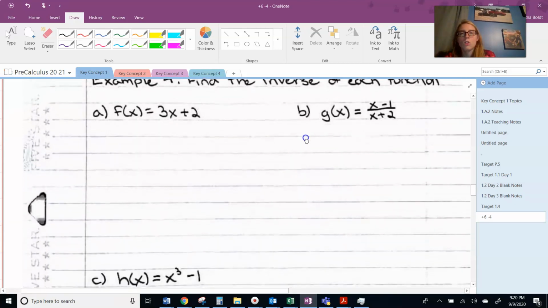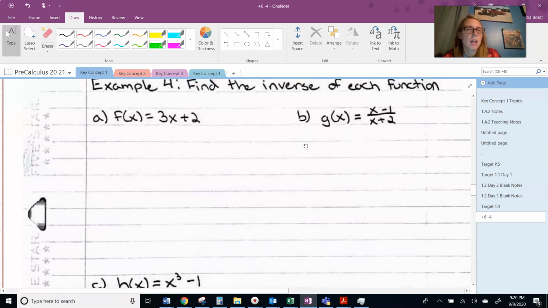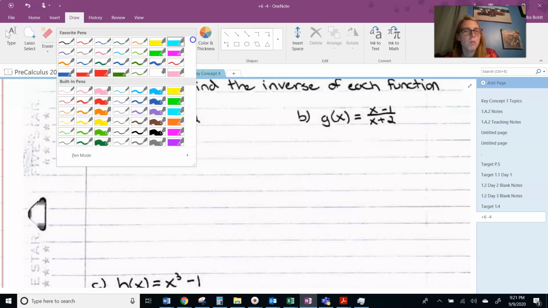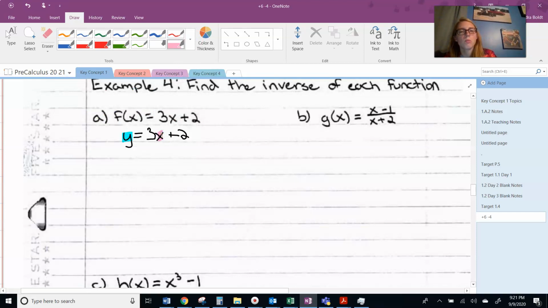Okay. So here we have f of x equals 3x plus 2. Again, I'm going to write it as y equals, and then anywhere there's an x, I'm going to write it as a y, and anywhere there's a y, I'm going to write it as an x. Let's do colors. Blue. So instead of y, I'm going to put x there.